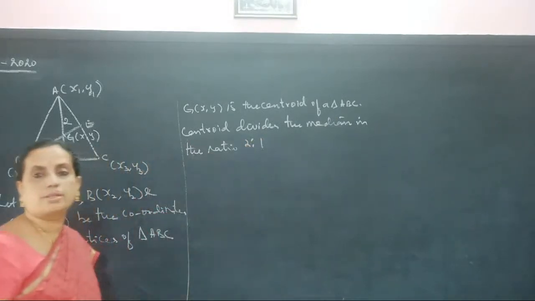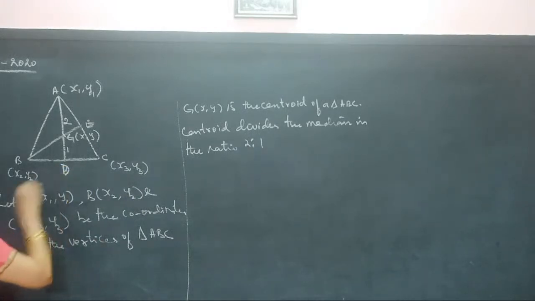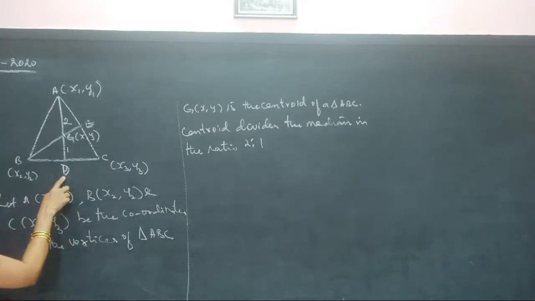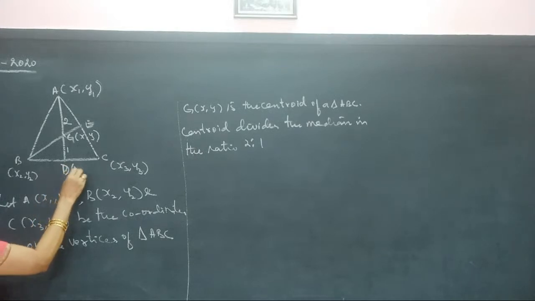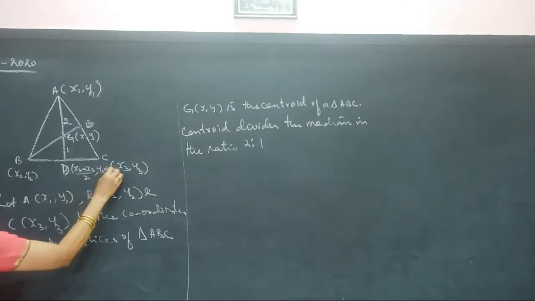So using this ratio, we can find out the centroid coordinates where we require the D coordinate, where D is the midpoint of BC. Using the midpoint formula, we can get the coordinates of D, that is x2 plus x3 by 2, y2 plus y3 by 2.